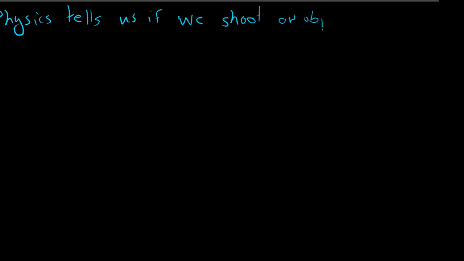So, physics tells us if we shoot an object straight up. Now this is example 4 in the book. So if you hate my handwriting, between the slides in the book we have it there.